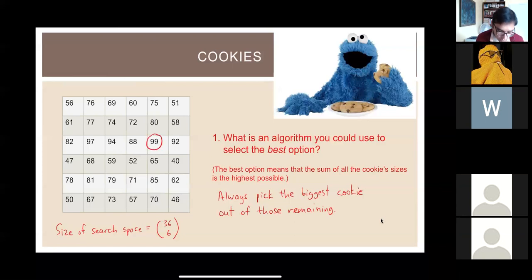99. What's the next one? 97. And then let's see, I guess we have a 94 over here. We also have a 92.